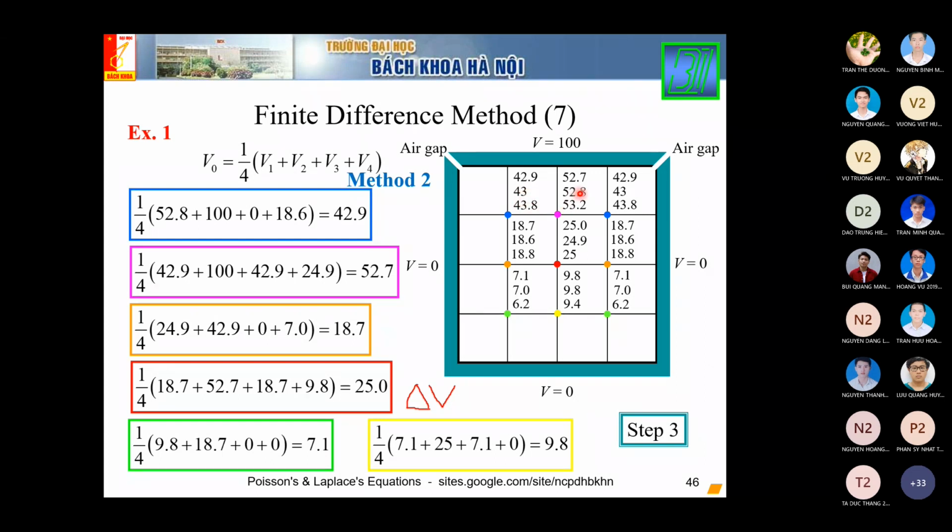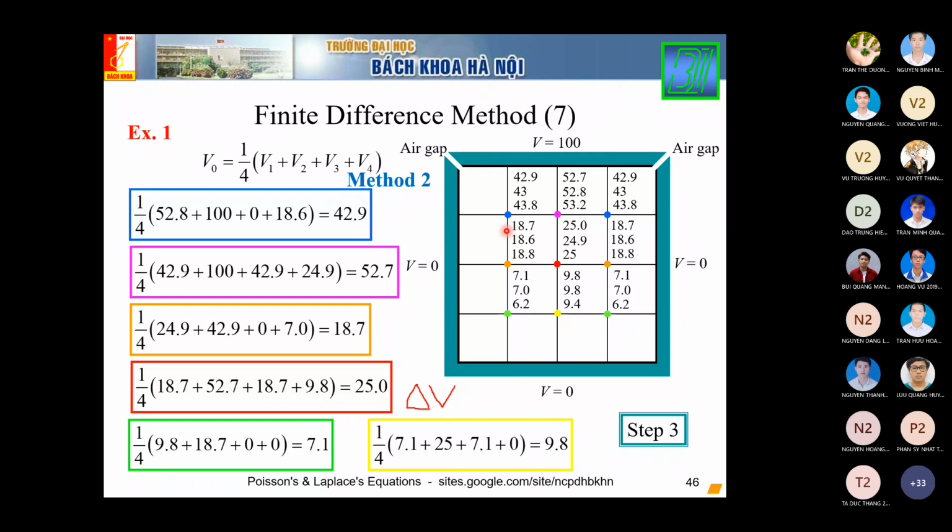This one will be 0.4, 0.8, 0.2, 0.1, 0.2, 0.8, 0.4, 0.8. So we take the maximum value of the absolute value. Okay, so delta V between the second step and the first step is 0.8.